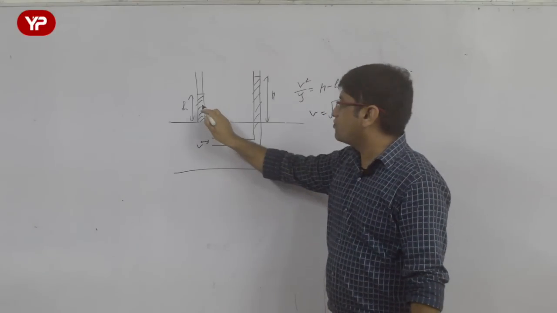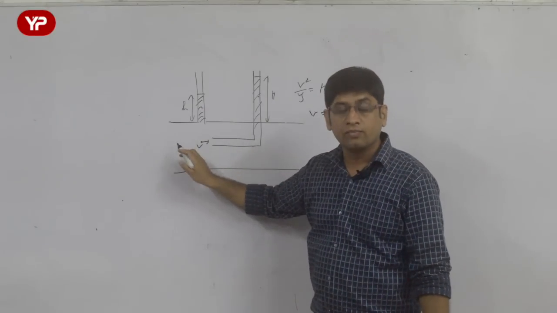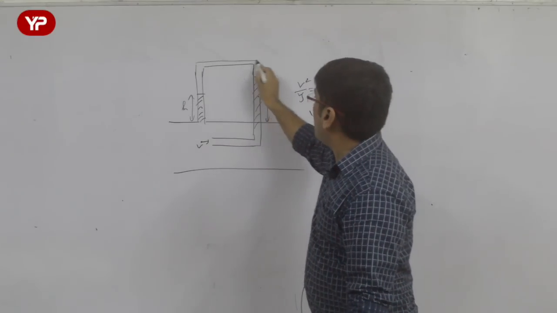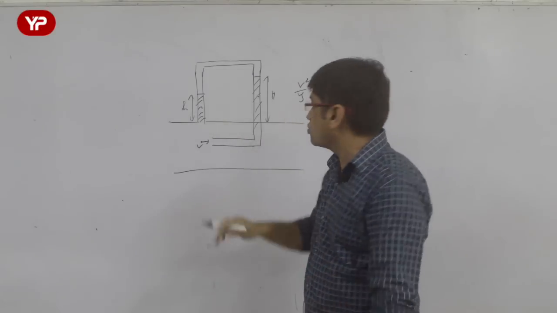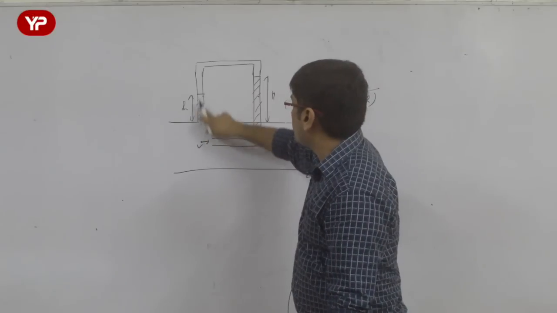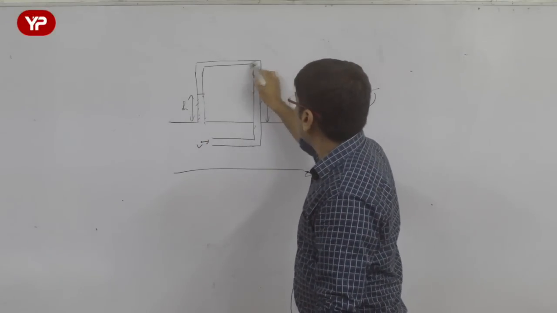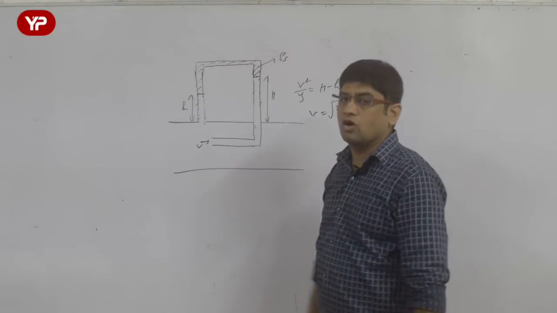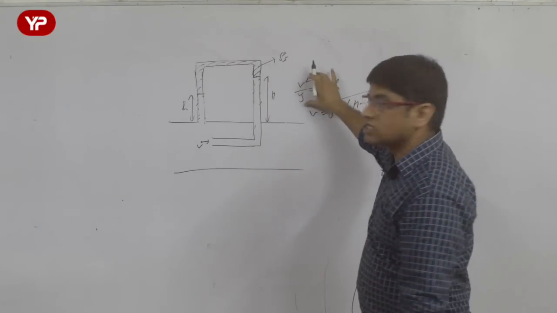But in this case, the fluid which is in the piezometer or pitot tube is the same as the fluid which is flowing. But suppose I attach this piezometer and pitot tube in the form of an inverted U-tube manometer, as the question was, then what is going to happen is I am going to get this particular situation where there will be an inverted U-tube fluid of specific gravity or density rho s, and again I am going to get H minus small h, V square by 2g.